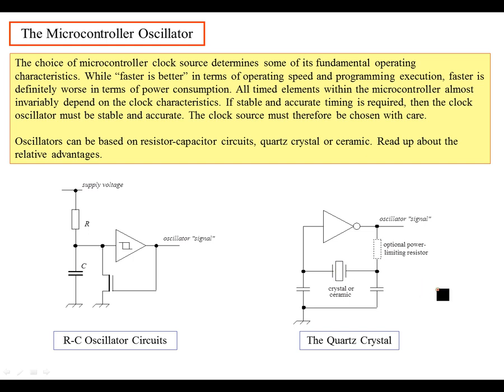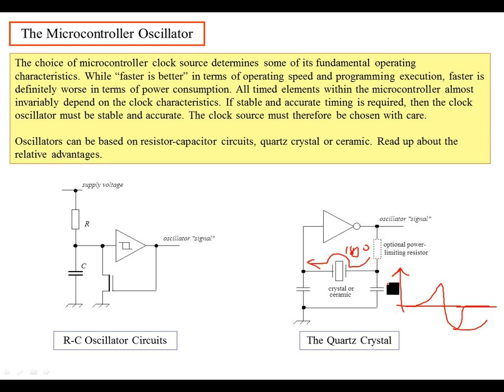Now the crystal looks something like that. That's kind of the transfer function of a crystal. At some point, the crystal is going to pass current, but it's going to be 180 degrees out of phase. This is called the series resonant point.